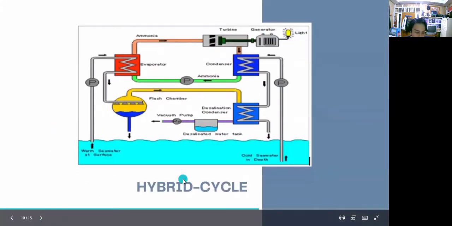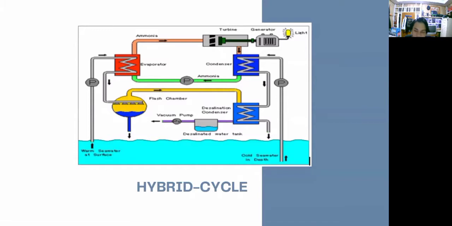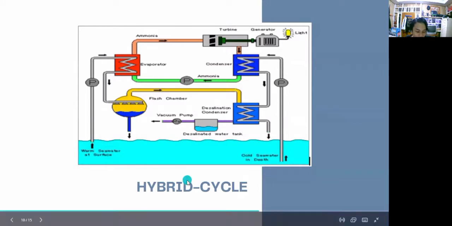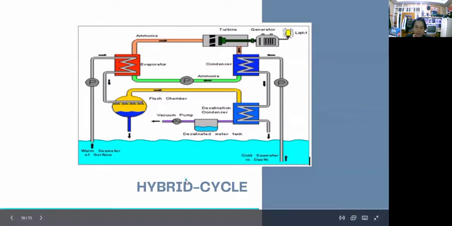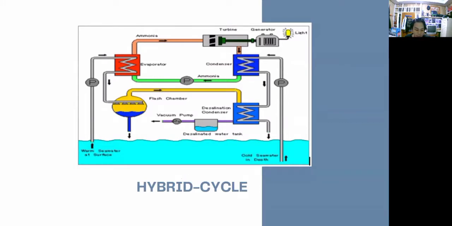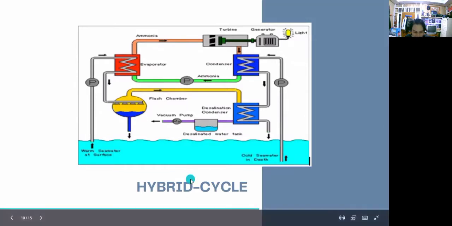And next, hybrid cycle. Hybrid cycle, as its name implies, combines the characteristics of both closed and open cycle systems. In this system, warm seawater is fed into a vacuum chamber where it is evaporated as in the open cycle process.